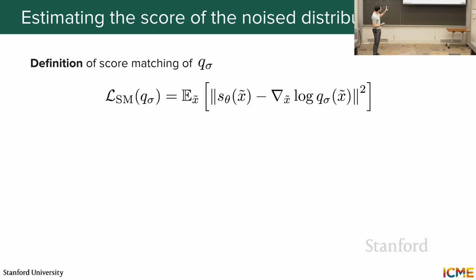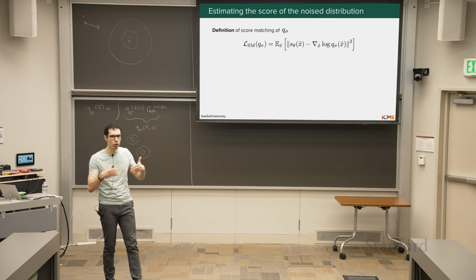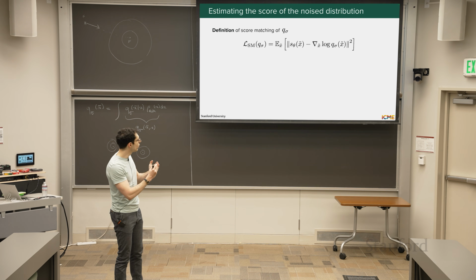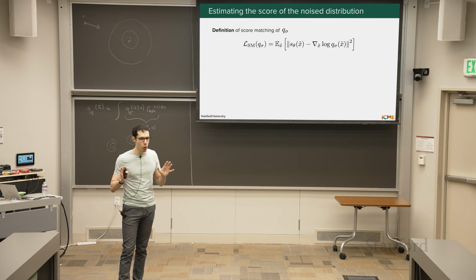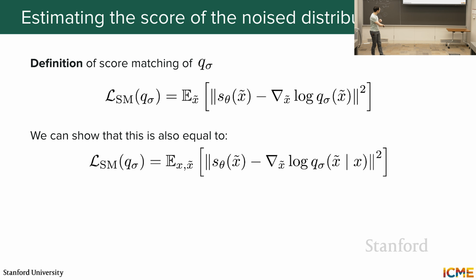So if we take q sigma of x tilde, we have the squared distance between the predicted score of x tilde and the true score of x tilde. There is a paper that showed that this is equivalent to optimizing another loss function, which is s theta of x tilde minus the score, but conditioned on each data point of your training set.